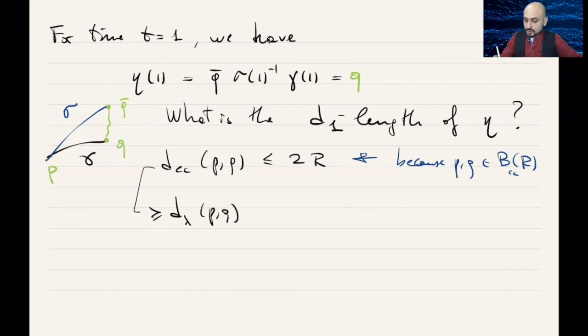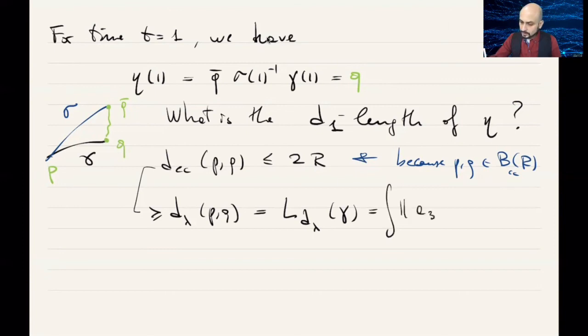And since we chose gamma to be a geodesic, this was equal to the length with respect to d lambda of the curve gamma. And as we said, this was equal to the integral of the norm of A1x plus, as we wrote it well before.